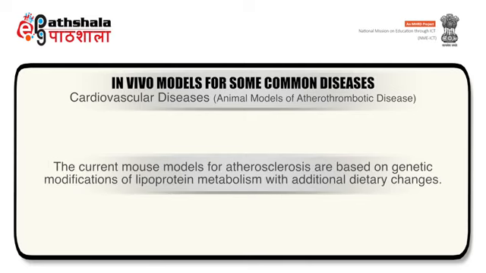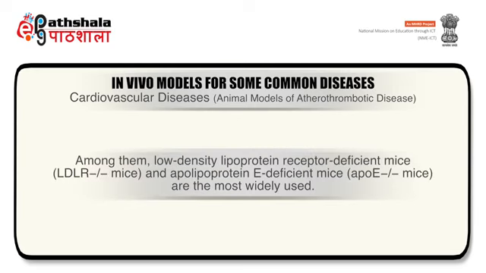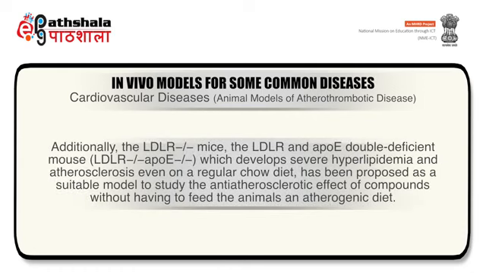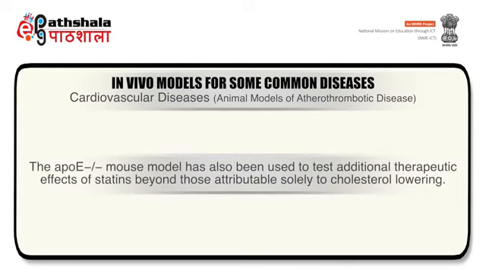The current mouse models for atherosclerosis are based on genetic modification of lipoprotein metabolism with additional dietary changes, among them low-density lipoprotein receptor deficient mice and apolipoprotein E deficient mice are the most widely used.